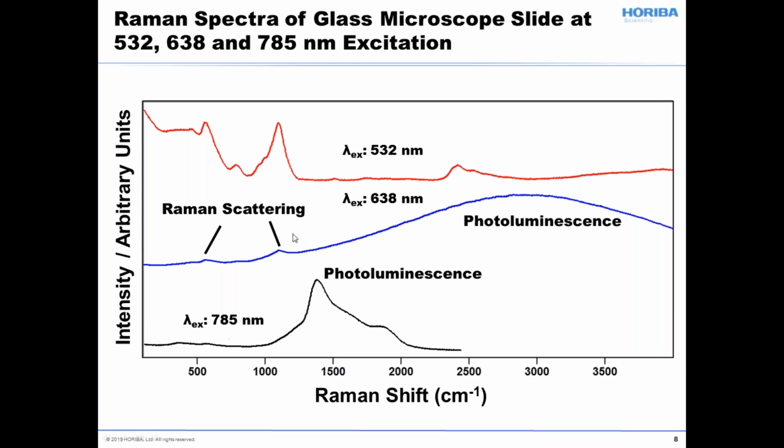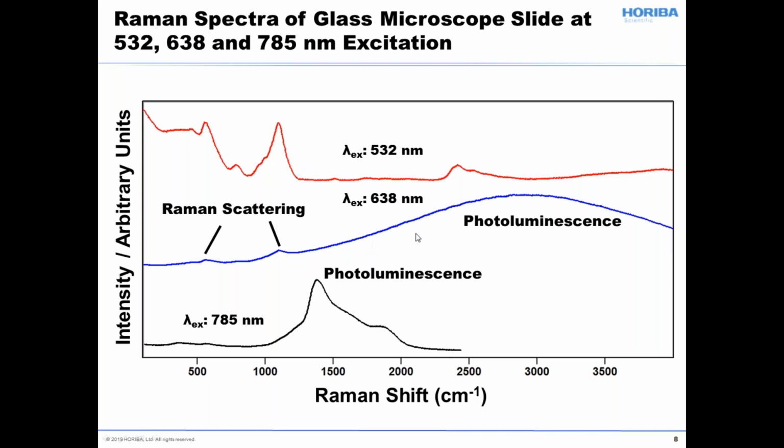So at 532, great. Not much photoluminescence at all, maybe a little bit out here, but basically what we're seeing is the Raman scattering of the glass, the SiO2. I mean, there are different structures, but that's essentially what we're looking at from a glass microscope slide.